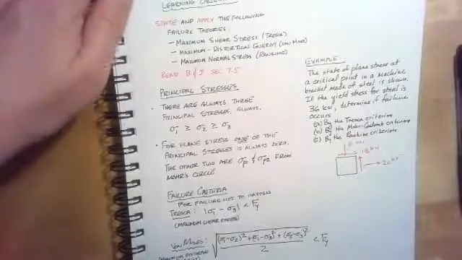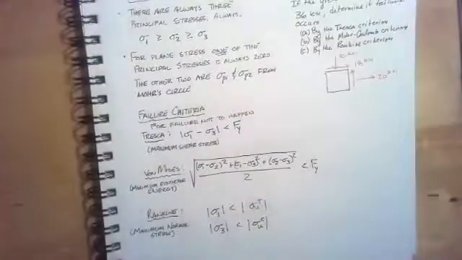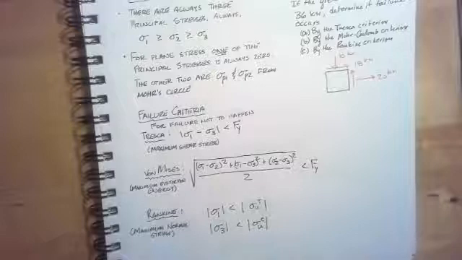So let's just introduce the failure criteria. We just have three distinct tests for failure. We have two that are very similar, used for similar applications. And for ductile materials, we would use the Tresca and von Mises criteria fairly regularly.